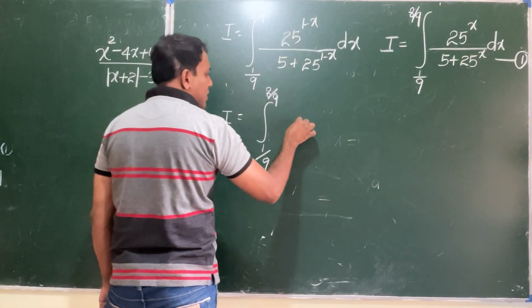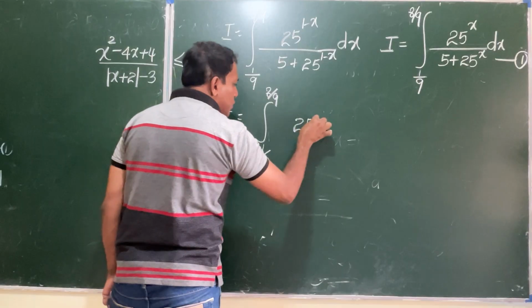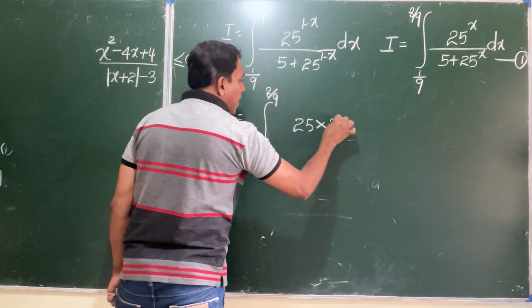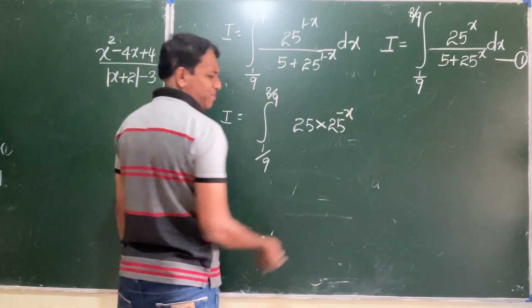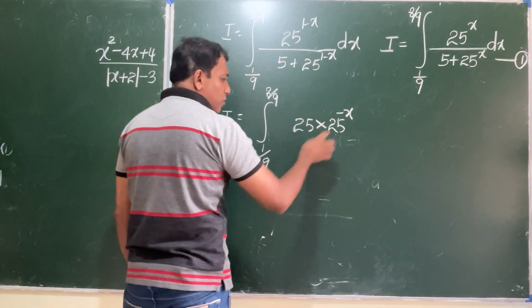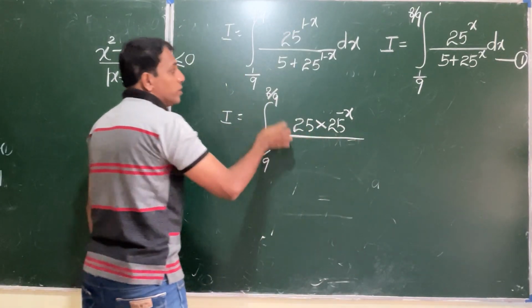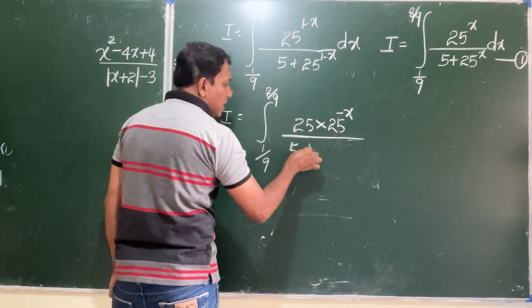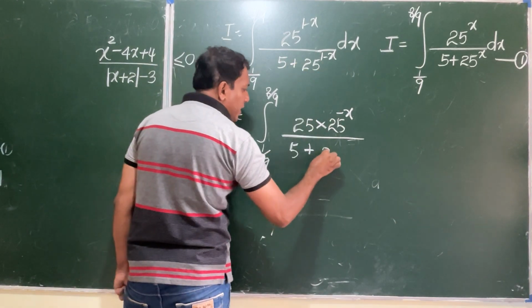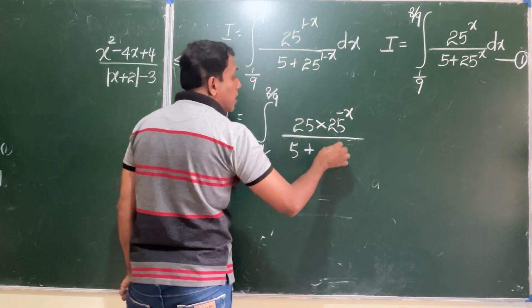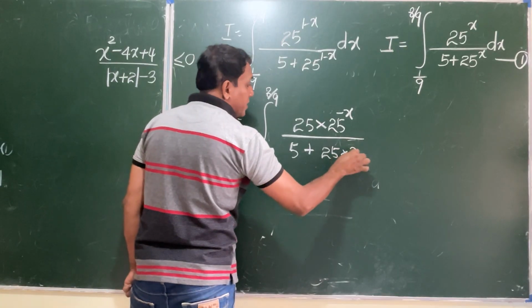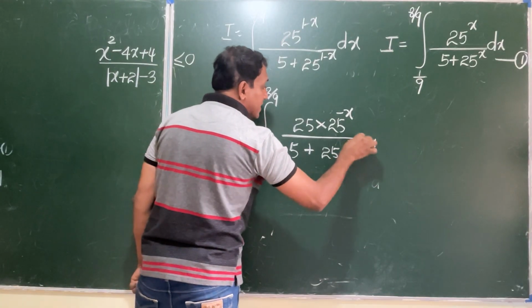Can I write this as 25 into 25 power minus x? The bases are equal, so the powers add: 1 minus x. Over 5 plus 25 into 25 power minus x, into dx.